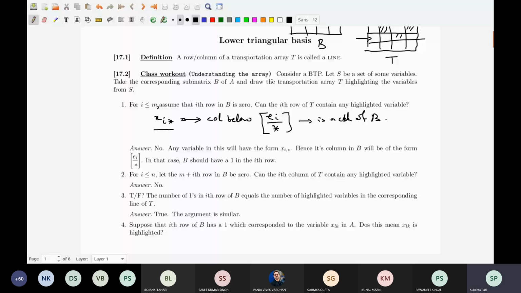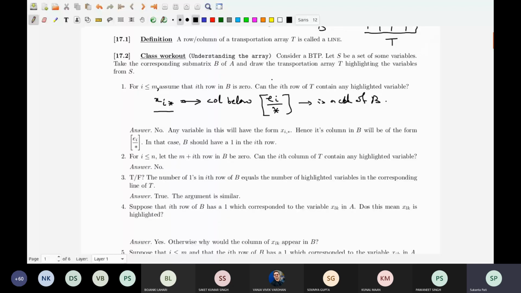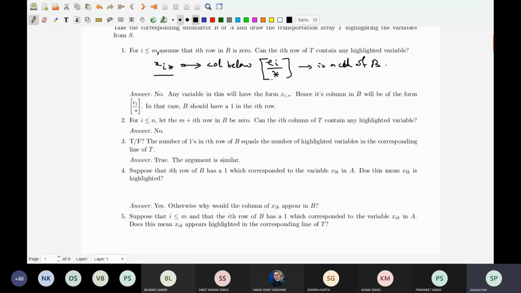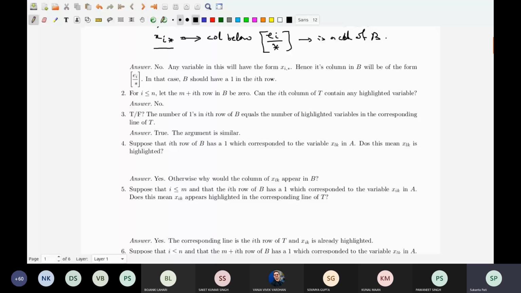The next few are further observations. Number 4: suppose that the ith row of B has a 1 which corresponds to the variable xlk in A. That is, you had the A matrix like this, and you have selected some columns, and those columns constitute your matrix B. That is fine.